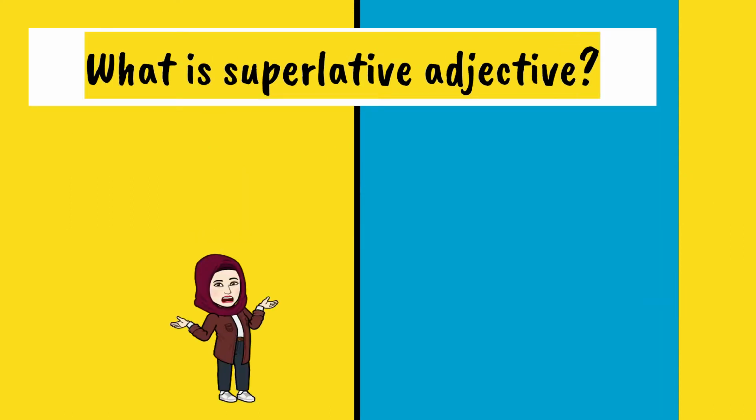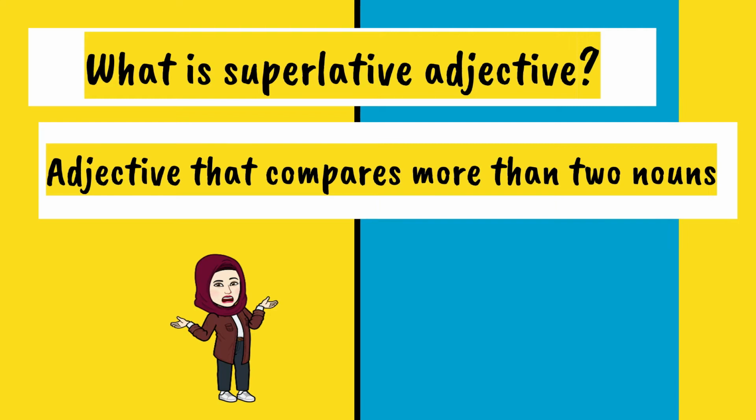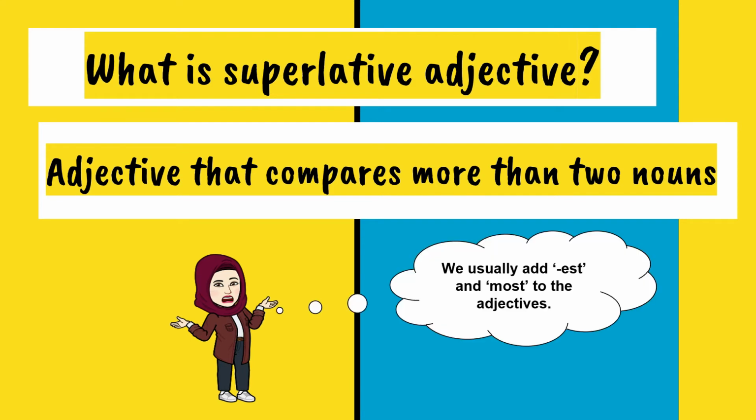Now, what is a superlative adjective? It is an adjective that compares more than two nouns. We usually add -est and most to the adjective. Again, you can refer to my previous lesson titled Spelling Rules to know which words you add -est or most to.